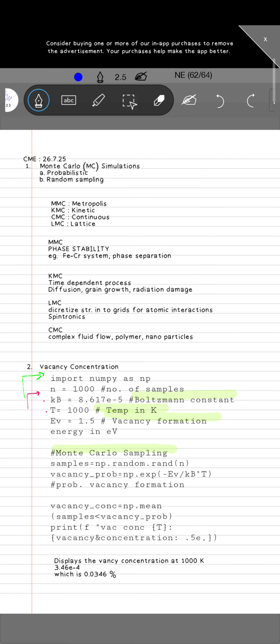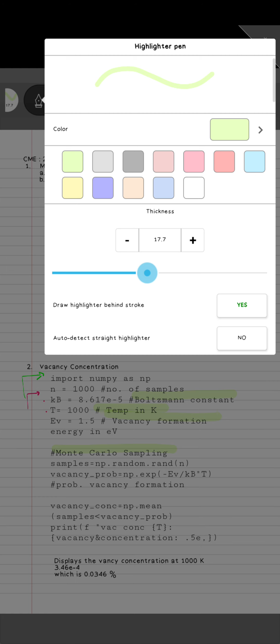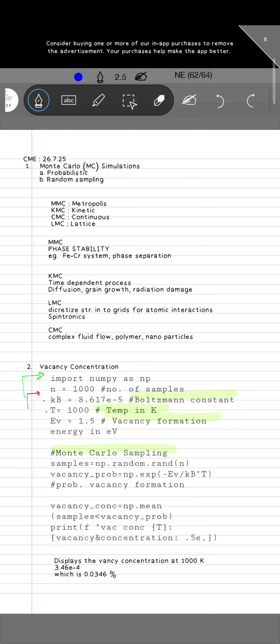Now, the vacancy concentration is taken with another command that is called mean. You can see another command, mean, has been used, and the samples which were initially randomized are taken as less than the vacancy probability.